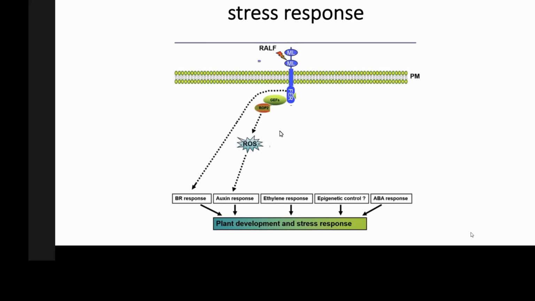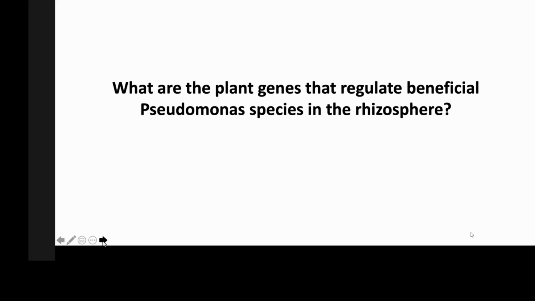And then FER can in turn promote reactive oxygen species, resulting in high levels of ROS, and that in turn lowers bacterial abundance. However, if you have RALF present, that can actually negatively regulate FER. So I'll talk about that towards the end of the paper.